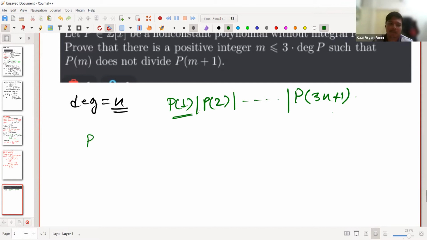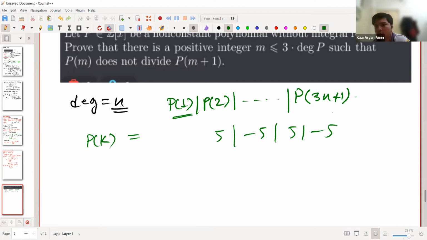By different value I mean modulus. You can't go on having 5 divides minus 5 divides 5 divides minus 5 and so on. You will eventually hit a different value with modulus different than 5, like 15, let's say. Does that make sense?